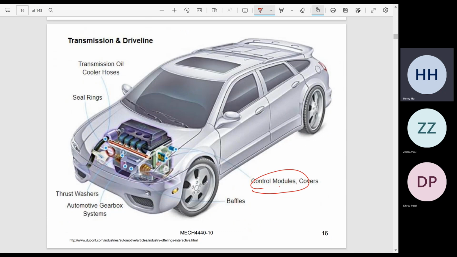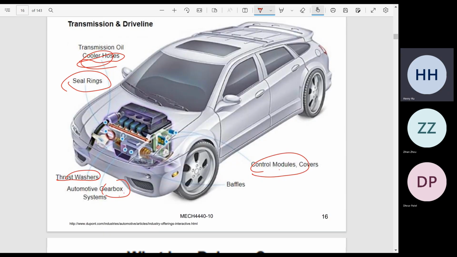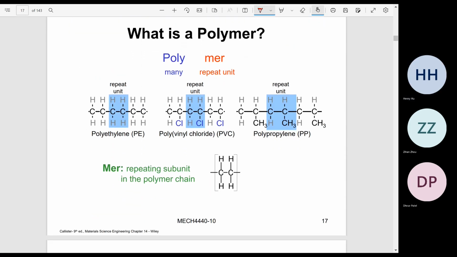And then the transmission drive lines, and you will be able to see the seal rings and the oil cooler hoses, and then thrust washer, and some gearbox, and the cases over there are made of polymer-based material.